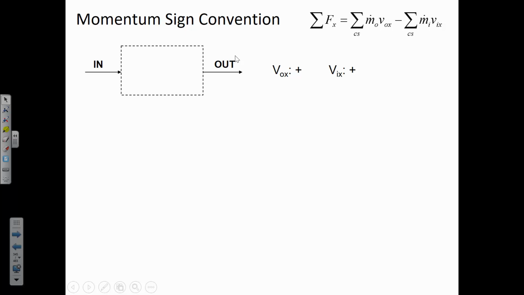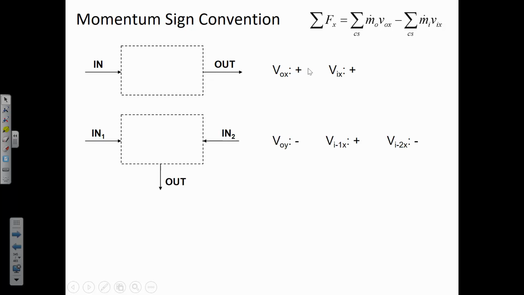This first illustration is showing that if this is our control volume, and the outside edges of it is the control surface, then what's flowing in, the velocity would be positive. So if we had some numerical value for it, maybe 6 meters per second, then when we substitute the value here into the in term, that would be a positive 6 meters per second. And the same with the out.